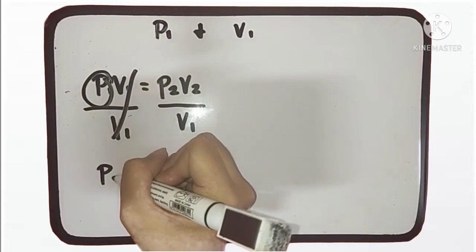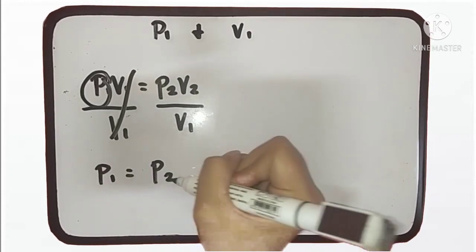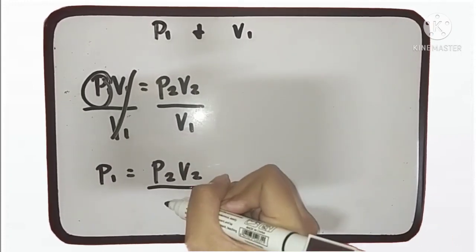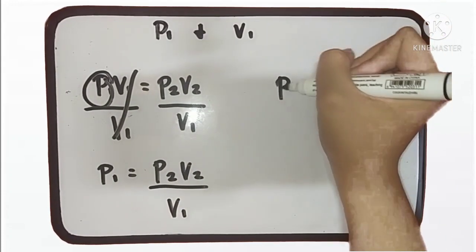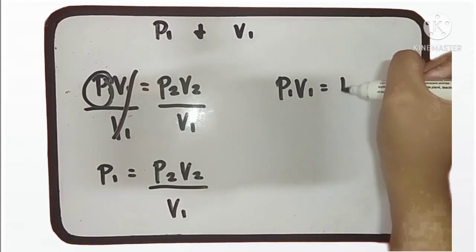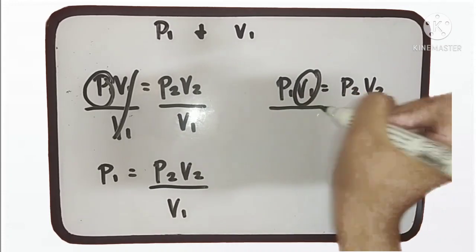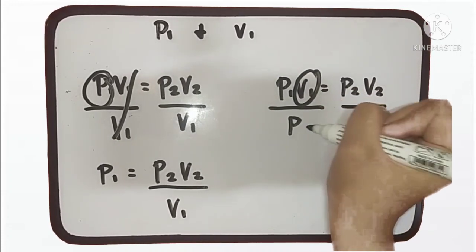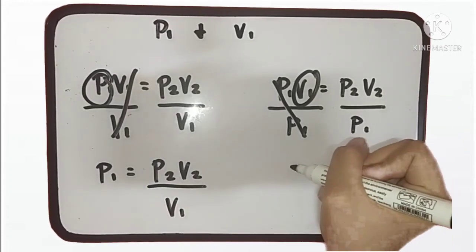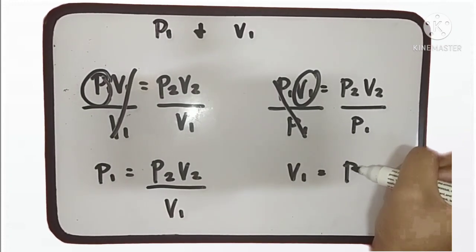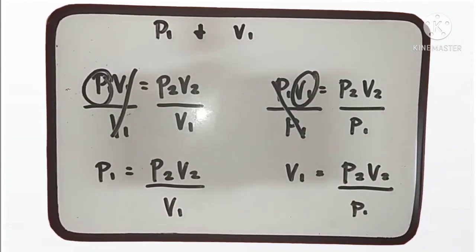Therefore, if we're looking for initial pressure, the final formula will be P2 times V2 over V1. Same thing with the initial volume. We have P1 V1 equals P2 V2. Since we're looking for V1, we'll divide both sides by P1. Thus P1 will be cancelled and V1 will be equal to P2 times V2 over P1.